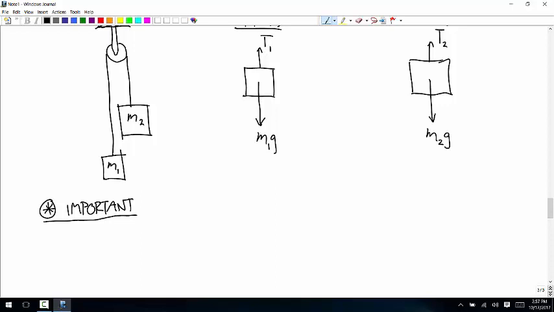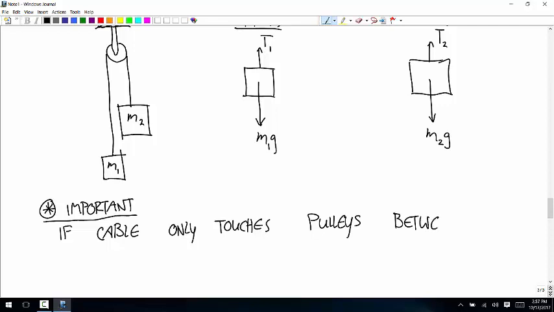So if the cable only touches pulleys between its endpoints, class gets long, I know.